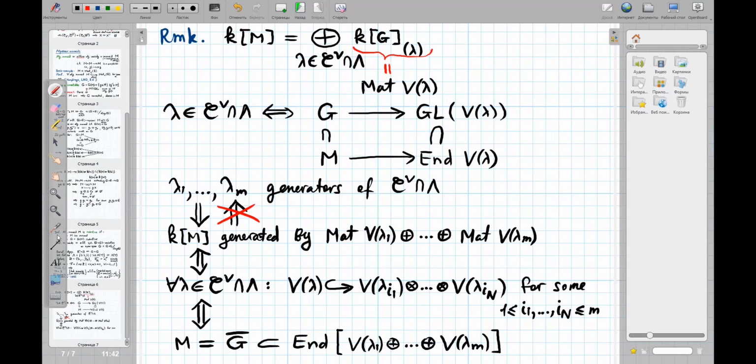Of course, you have a map from G to this space, and this map extends to a map from M to this space.